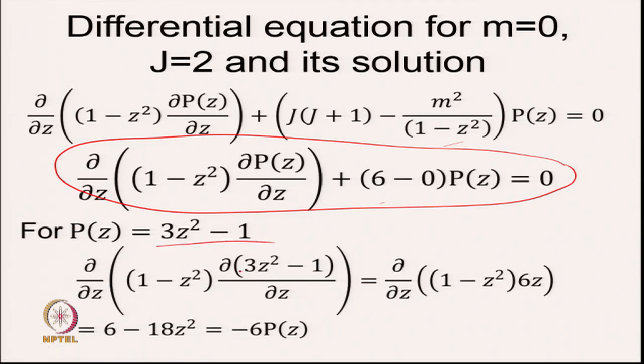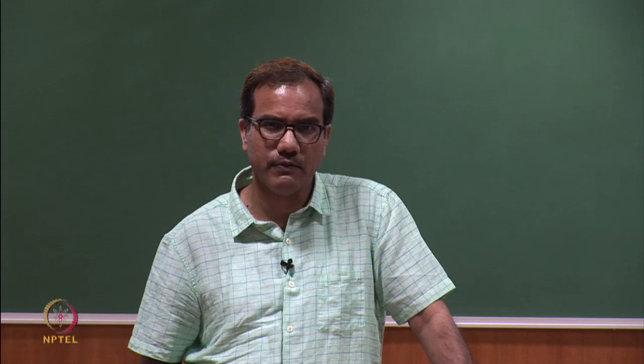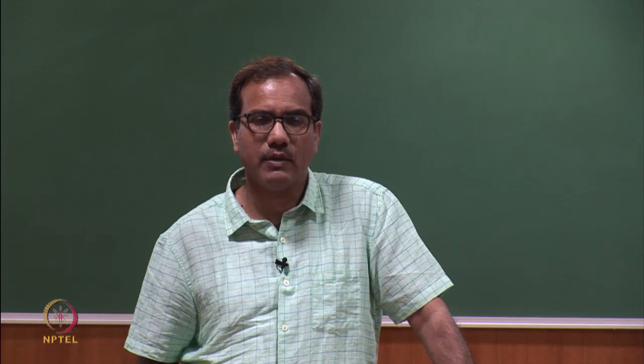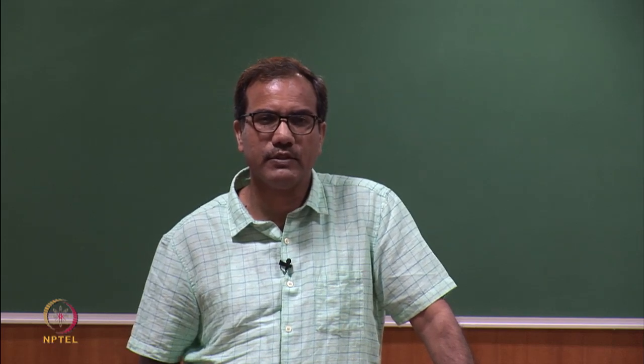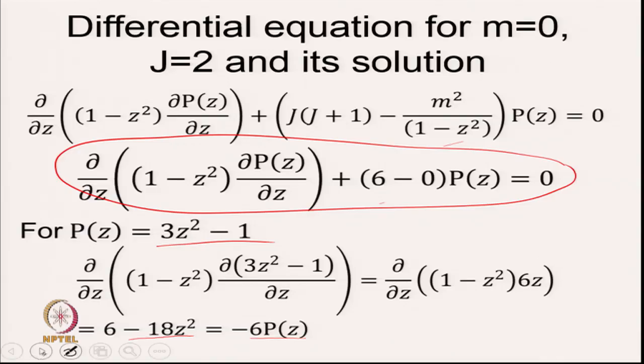If you just differentiate this, you will get 6 z, and if you differentiate again, you get 6, and with minus 6 p z added, it is going to be 0. So, we have seen the solutions of 3 different differential equations for different values of m and j, and what we have got is a different solution for each m and j value.